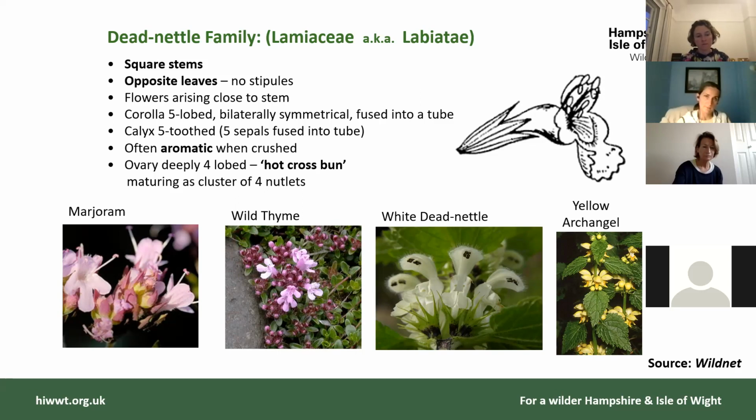So the petals are all joined at the base to form this tube, but they have 5 lobes or 5 pieces to them, which look like 5 petals, but they're actually all joined to form a tube. And then the calyx, which is this little bit at the bottom of the petals, has got these kind of teeth. It's got 5 teeth. So these are all characteristics of this family of plants.